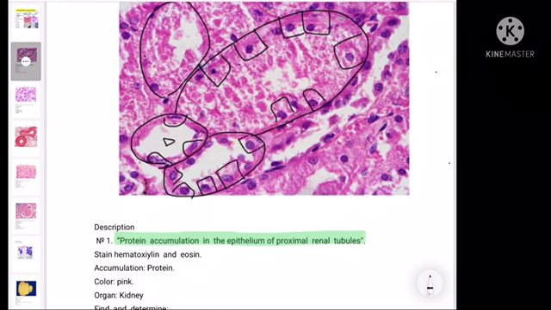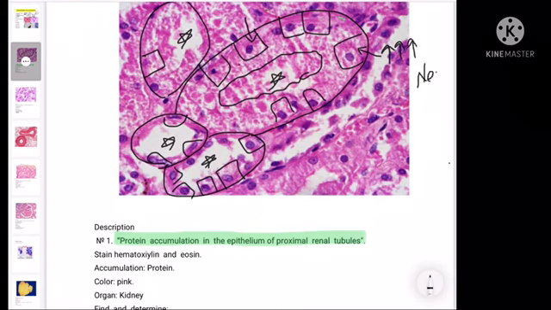This is the lumen, and this is the lumen also, and these are the nuclei, the blue ones. The cytoplasm always stains pink on H&E staining, but here there is a lot of proteinaceous substance in the lumen as well as in the cytoplasm. It means that protein is accumulating in the epithelial cell.